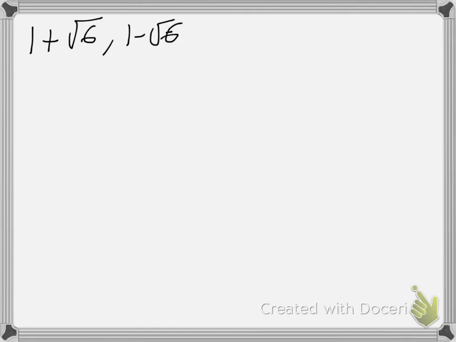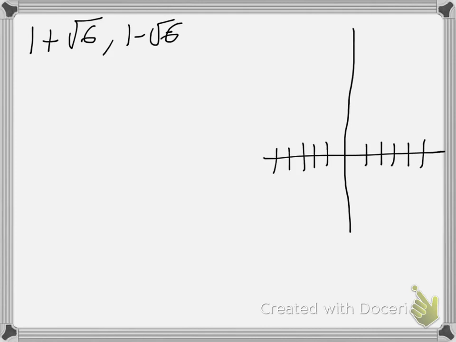Now that's difficult to actually graph, right? So we're just going to have a little bit of a guess here. So let me redraw my graph here. The square root of 6 is going to be somewhere between 2 and 3, so I'm adding 1 plus or minus something between 2 and 3.